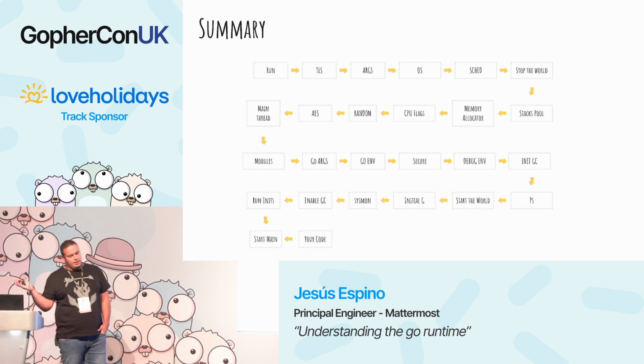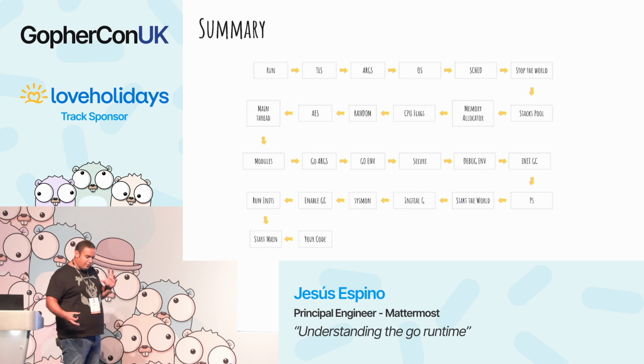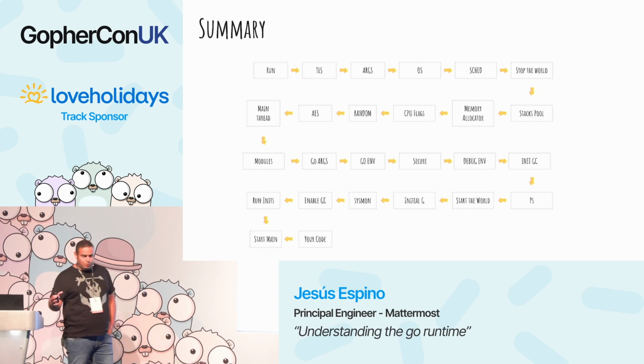It's going to start the operating system initialization with the number of CPUs, the size of the pages, then the scheduler, that is going to be a big process that starts with the stop the world, stopping everything, the stack pool, the memory allocator, all that gets initialized, the flags of the CPU are detected, the random number generation is initialized, the AES algorithm is detected if it's supported by your CPU, if not, use an alternative.